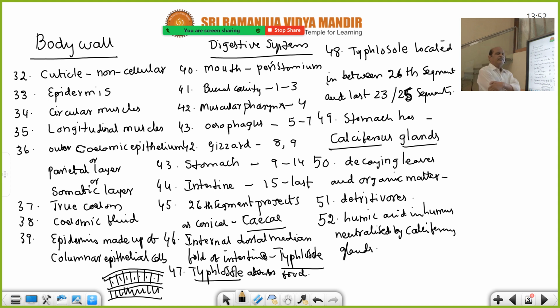That's why chemical fertilizers and chemical pesticides should not be used. We go for organic farming, as said by us yesterday, the environmental issues. So this is about the digestive system.